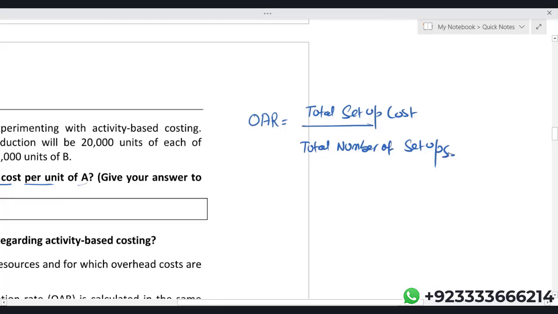So very easily we can calculate the overhead absorption rate. Total setup cost divided by total number of setups will give us the per setup cost.